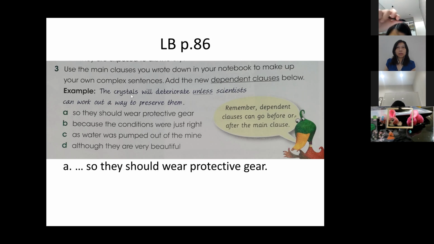The crystals will deteriorate is already used, so please use something else. The crystals form because the conditions were just right. Yes, the crystals form because the conditions were just right. Okay, good idea. And now you're going to continue with C and D.